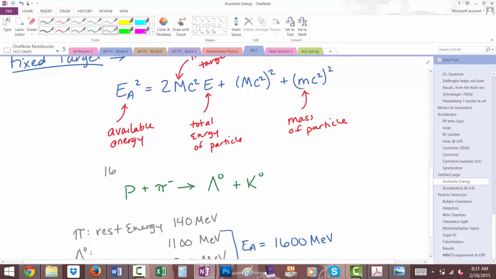So this would be 1600 squared is equal to, plug that stuff in. Again, like I said, solve for the total energy. But that includes both the rest energy and the kinetic, so you have to subtract the rest energy out.